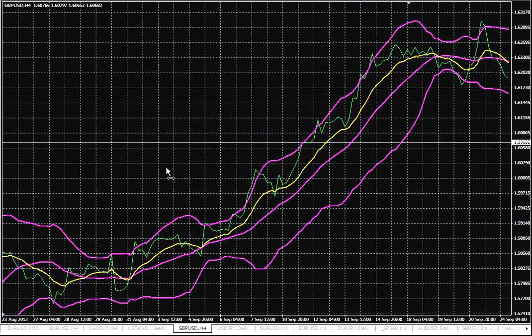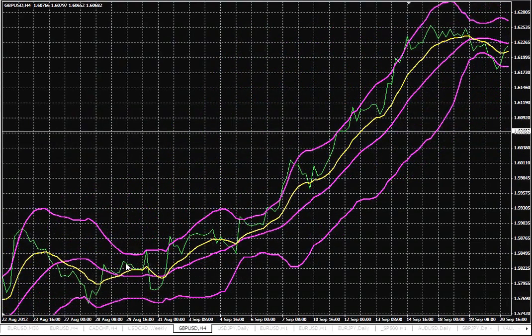And if we go to this huge uptrend, watch how many times the price line bounced back from the yellow line, which is the 10 EMA, and it was going up and down, there was a channel formed between the upper Bollinger band and the 10 EMA.